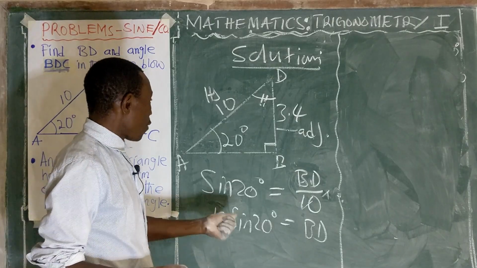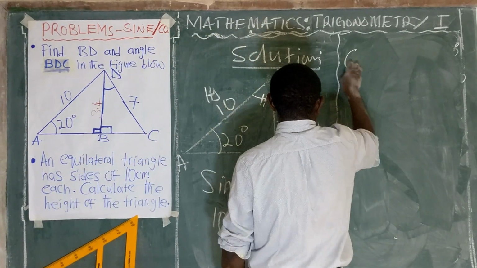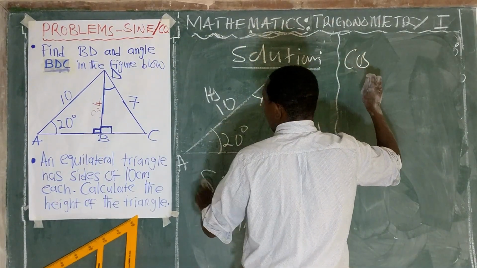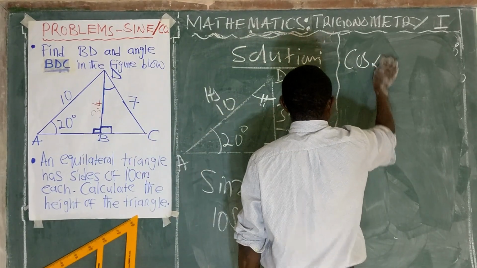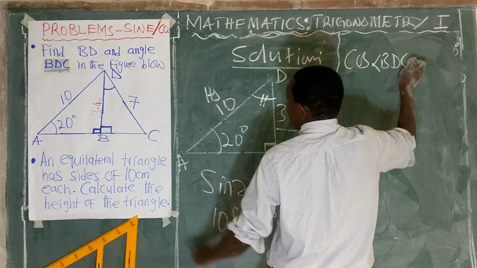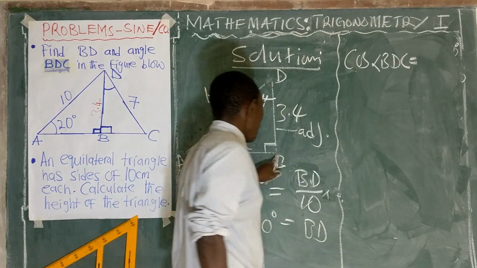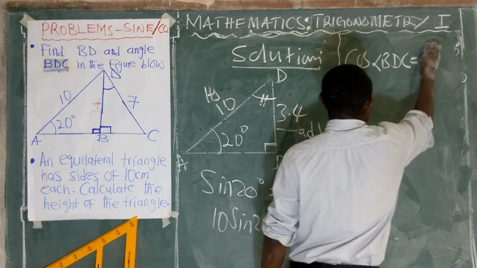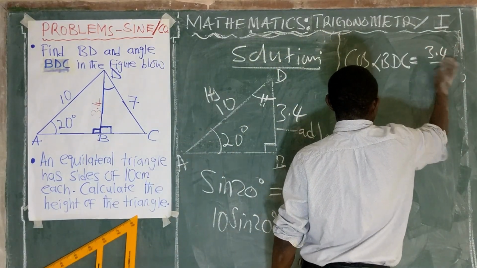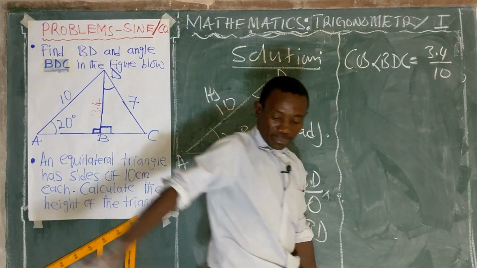So I'll write cos of angle BDC is equal to what? Adjacent over hypotenuse, which means I'll divide 3.4 by 10. That's what I'll do there.